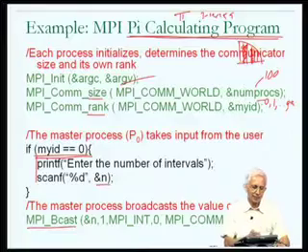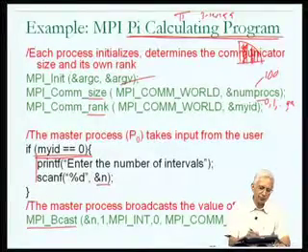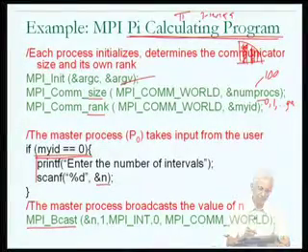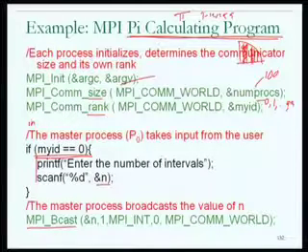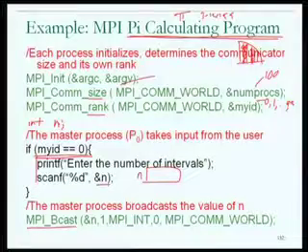Somewhere in here there should have been a declaration of a variable called n. So each of the processes has a variable called n. It just happens that the copy of n in the address space of process P0 will have the value that is meant to be broadcast.